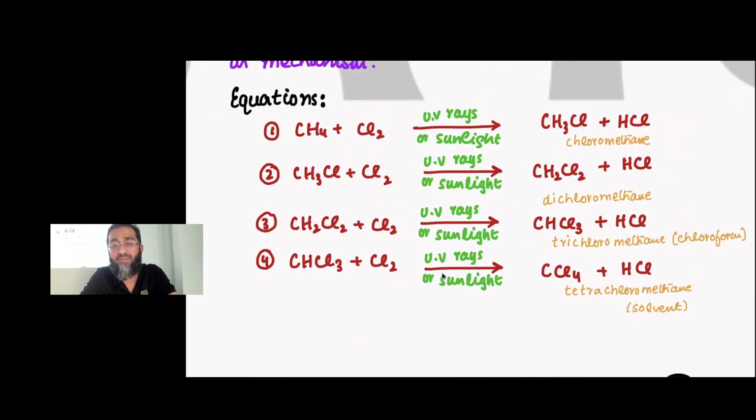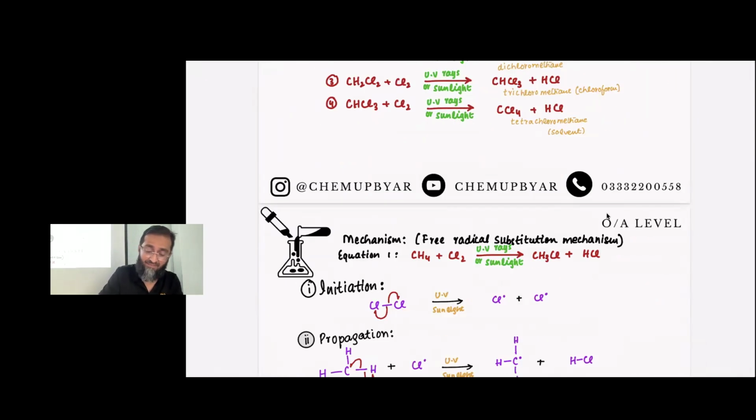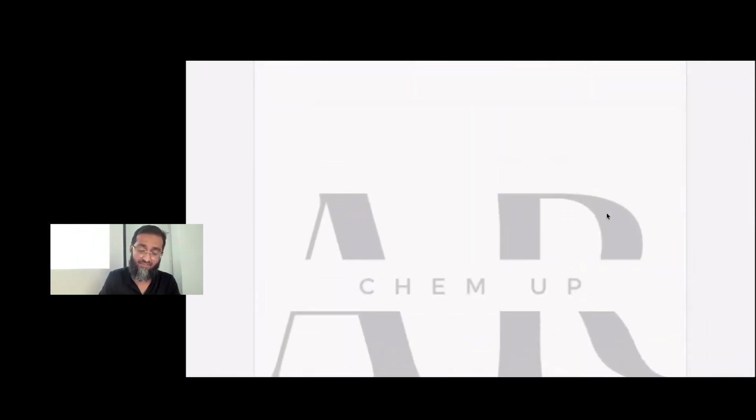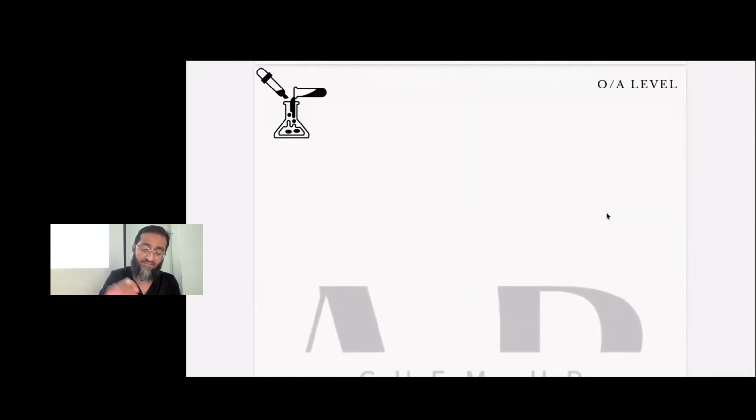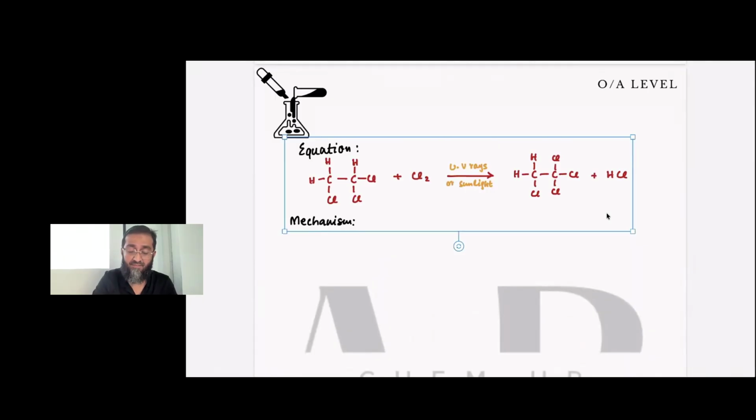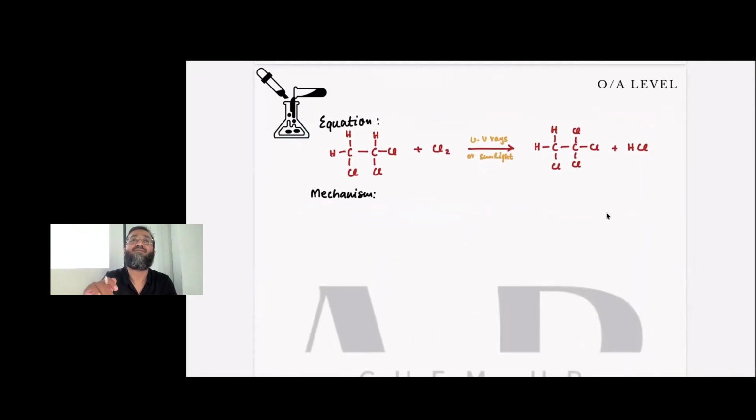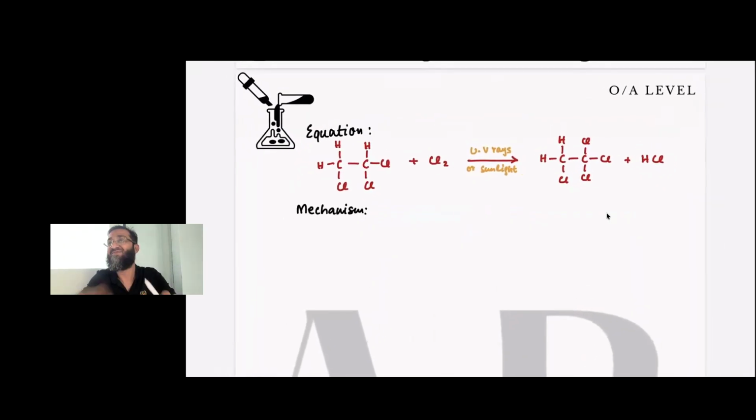Done? Okay. Now, right now, I want you guys to draw one mechanism. This one. Mariam, do it quickly. Okay.